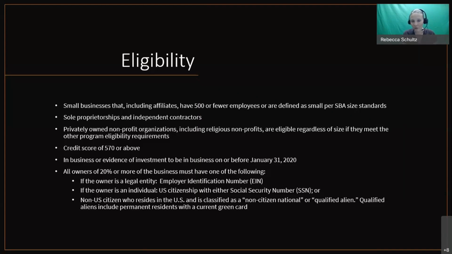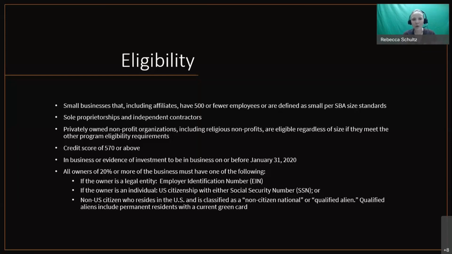Or if you're an individual or independent contractor, that you are here legally and you've got your tax identification number, or your social security number, or EIN or ITIN number. And if you're a non-citizen who is a resident of the United States, as long as you have your green card, or you're considered a permanent resident, or you have that ITIN number, you are still eligible.